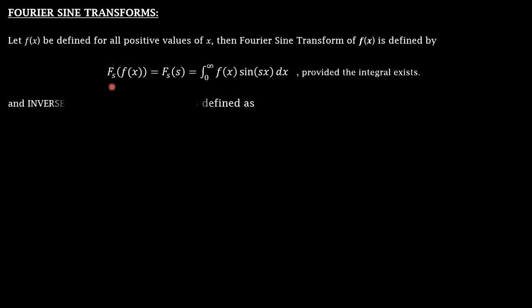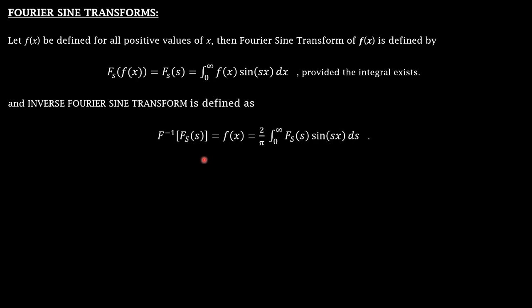Then the inverse Fourier sine transform is defined as F_s inverse of F_s of s is equal to 2 by pi integration of the Fourier sine transform of the function f of x multiplied with sin sx ds, where the limits of s are varying from 0 to infinity.